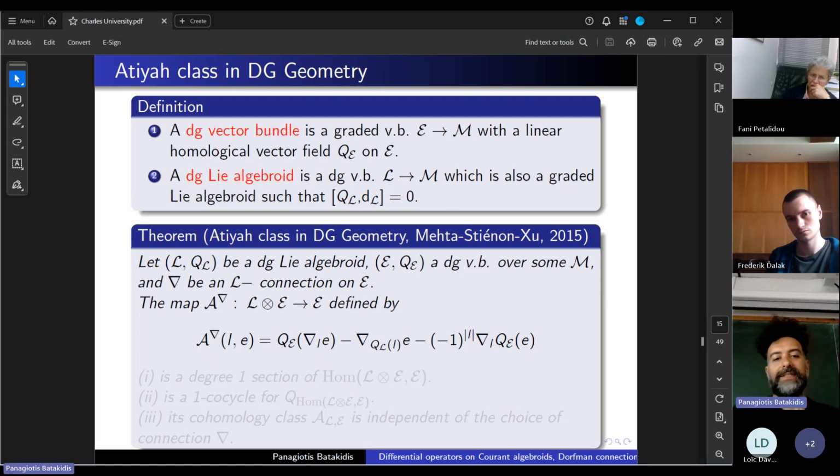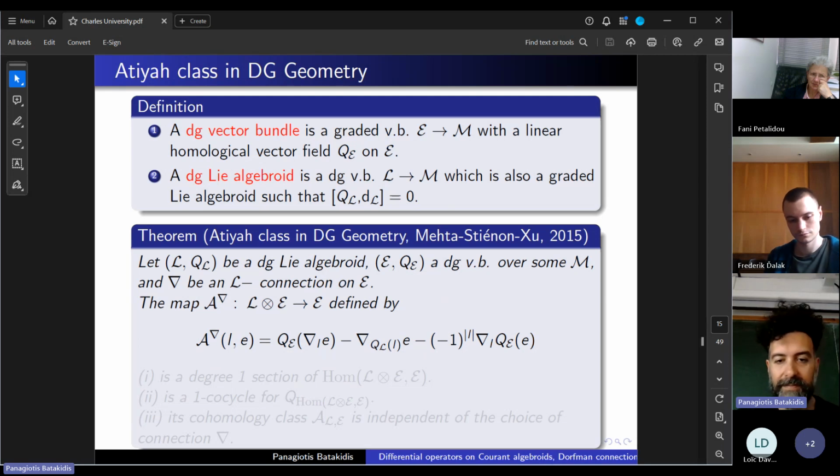The theorem or definition of Mehta, Stiénon, and Xu, from 2015, is this: when you have a DG algebroid and a DG vector bundle over some graded manifold, curly M, and a connection of this DG algebroid on E, in your vector bundle, then you take this map.